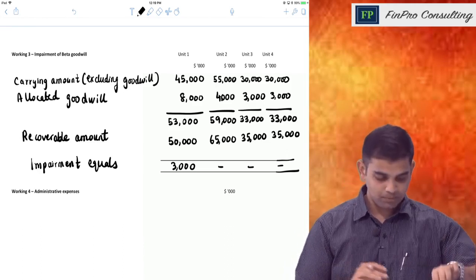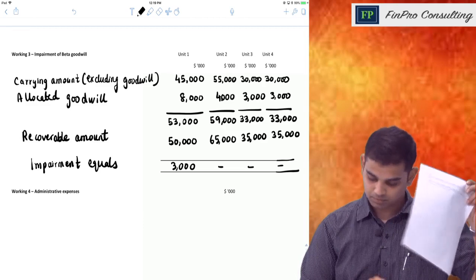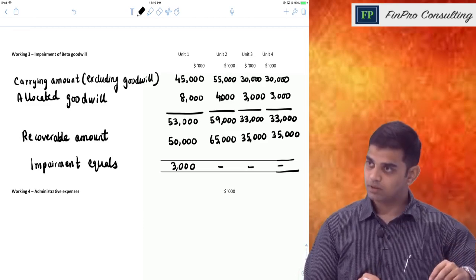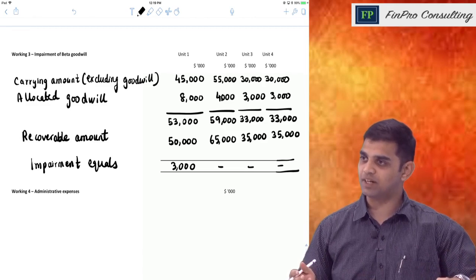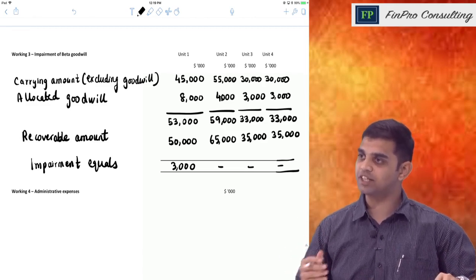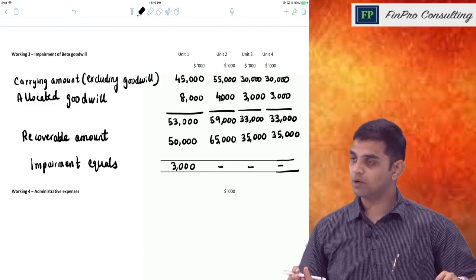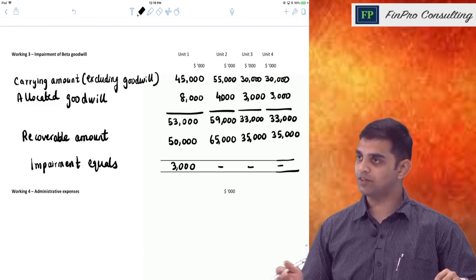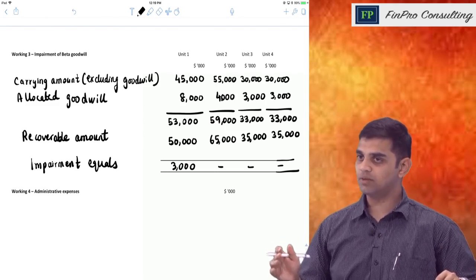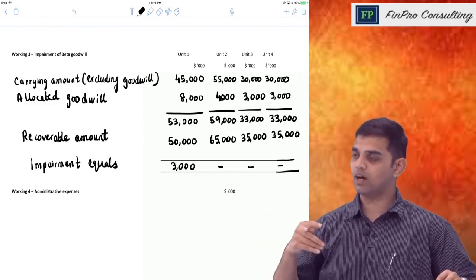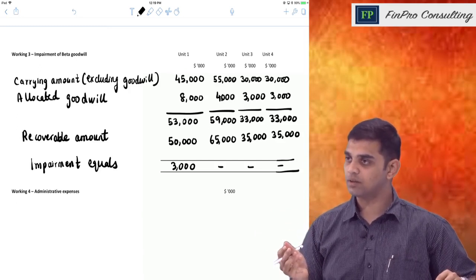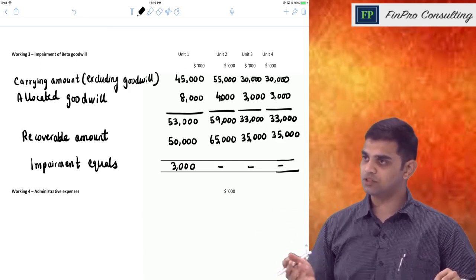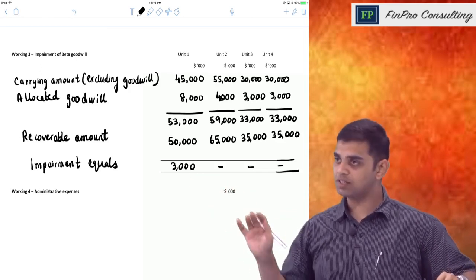In the problem, there is no recoverable amount for goodwill separately as such. It is for the entire CGU. See, what is the recoverable value? Value in use or fair value, whichever is higher. So it is considered to be an amount for the entire CGU, not for goodwill or without goodwill. Yes, of course, because we are allocating the goodwill separately.